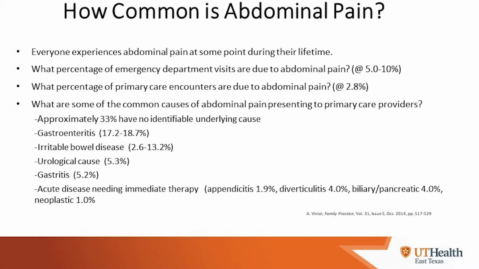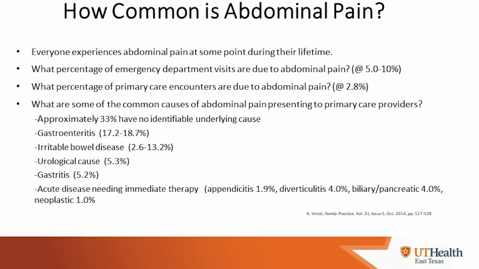And so some of the common causes that primary care doctors encounter in the course of their practice are not necessarily life-threatening problems. About 33%, or almost a third of the patients, they can't ever identify the underlying cause. About 17 to 18% can be gastroenteritis or a viral gastrointestinal infection.